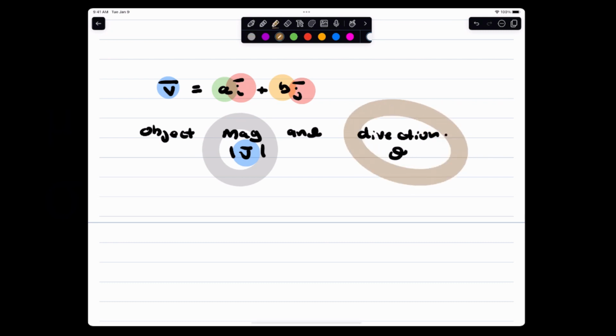So here's your vector v, it has magnitude and direction. And so very often when you deal with an application, you might ask, what does this really represent? Because there are two quantities, the magnitude and the direction theta.